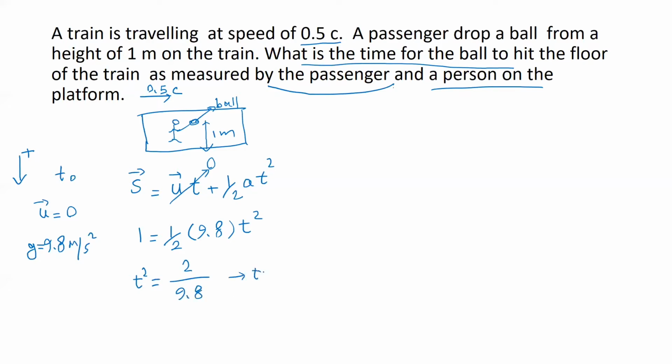So t is equal to 0.45 second, and this one is t naught because it's measured by this person on the train, and the event is also on the train. So this is proper time.